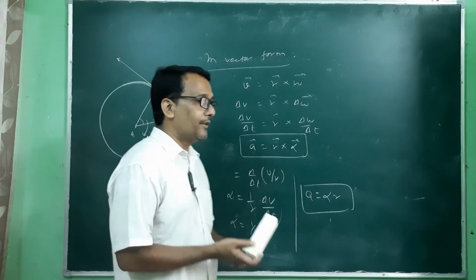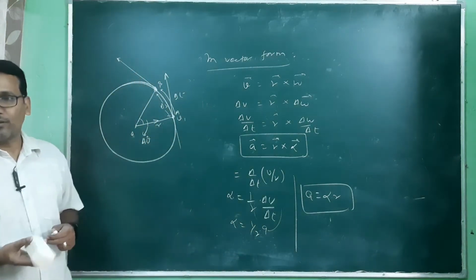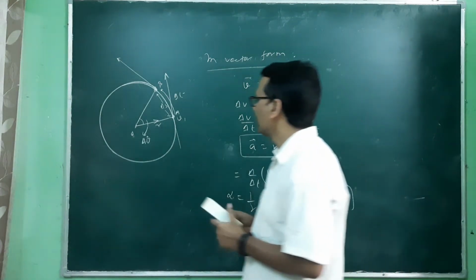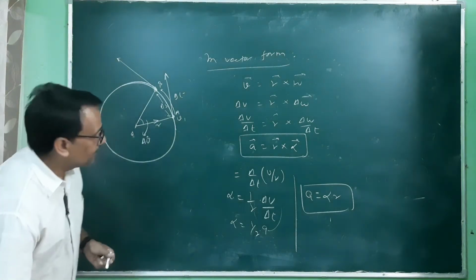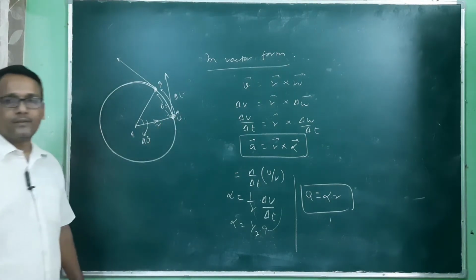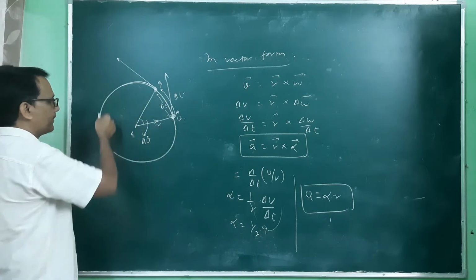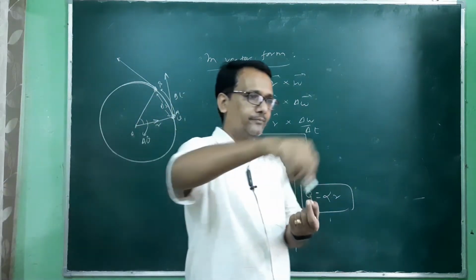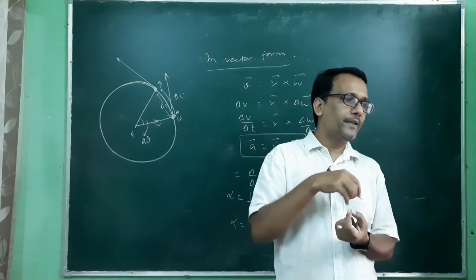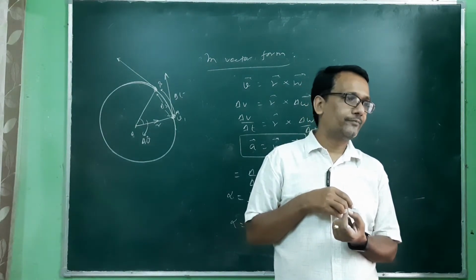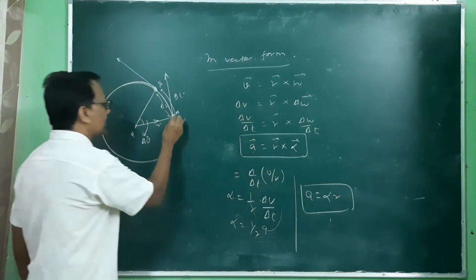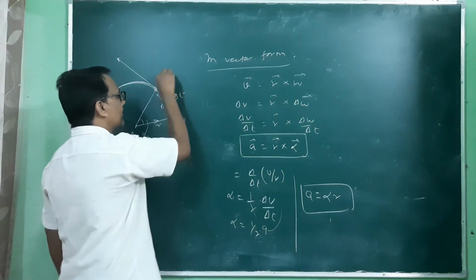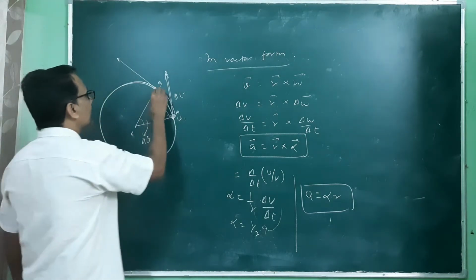Now here this acceleration, alpha, the angular acceleration, can be divided into two parts. Think of the situation. If this is the body moving with a constant speed, not velocity, then still its velocity is changing. Why? If it is moving at 30 meters per second here, also here it is 30 meters per second. But there is a change in the direction of the velocity.